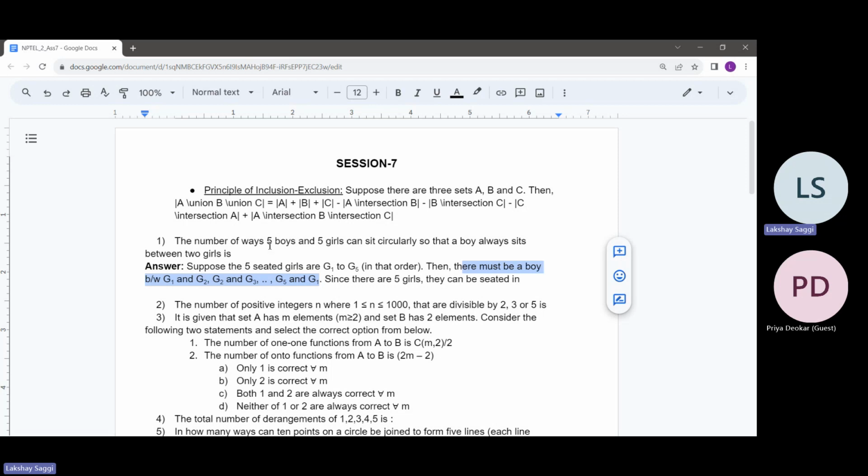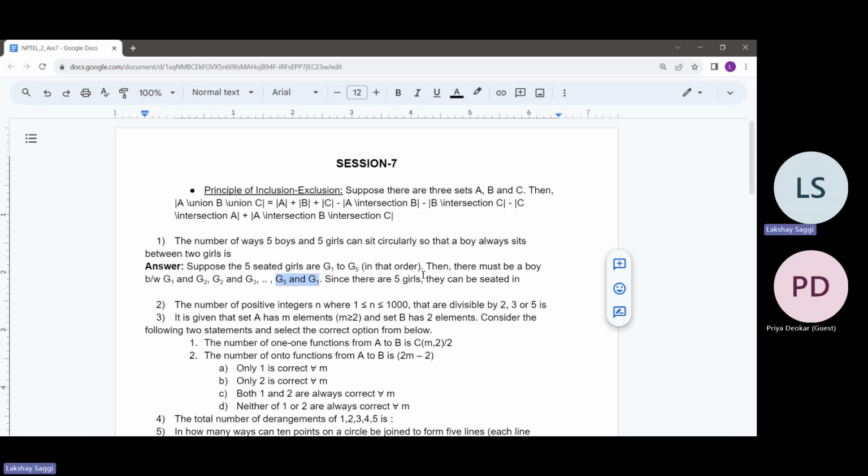That's the only possible way. So let's say the girls are seated in the order G1 to G5. Then there must be a boy between G1 and G2, between G2 and G3, and similarly up to between G5 and G1.